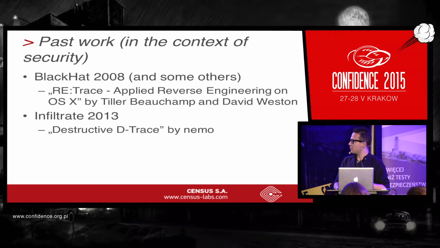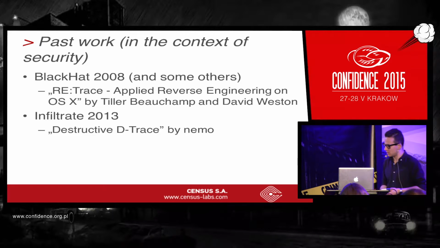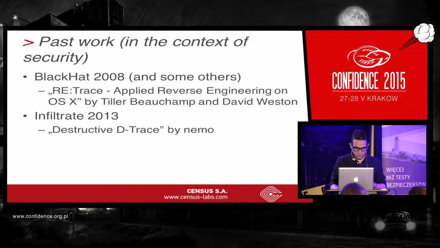And then Nemo at Infiltrate 2013, on the other hand, presented rootkit-like capabilities possible with DTrace. Not very useful. I wouldn't do anything like that with DTrace, because it misses the point. You can actually just turn DTrace off. But he presented a lot of interesting one-liners and ideas, and they're worth checking out.